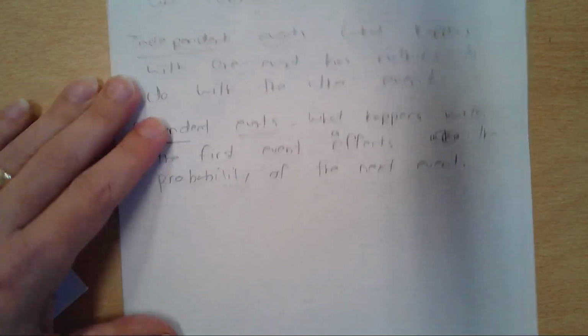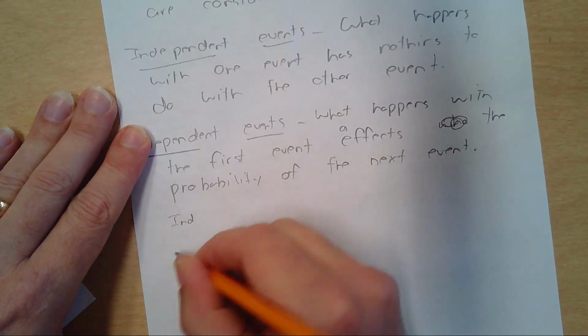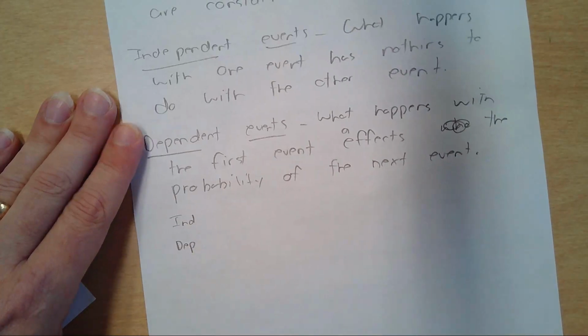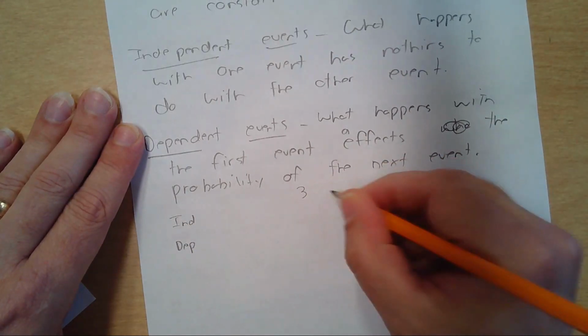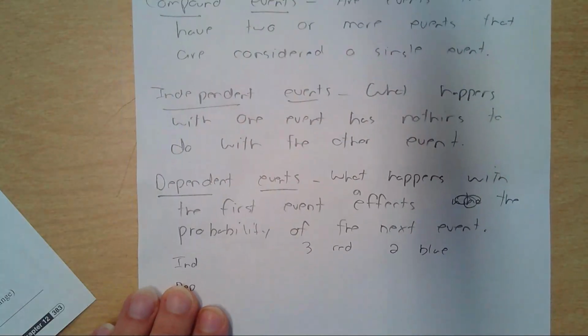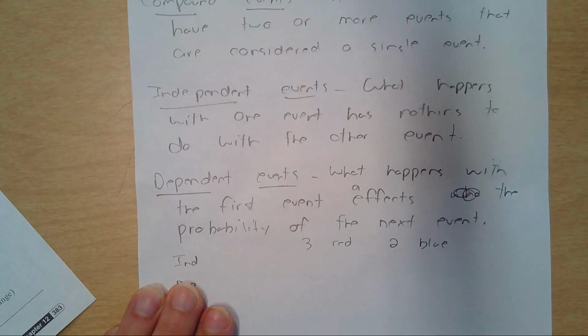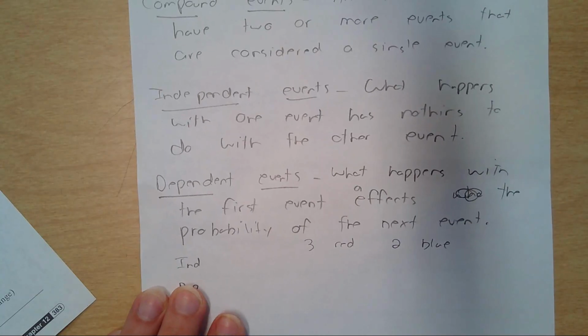So just for example here, we'll just look at this as independent and dependent, and then we'll switch over to notes in just a minute. So I'll say 5 marbles, 3 red, 2 blue. So if this was an independent event, and I say pick a marble, put it back, pick again. What is the probability of getting a red and then another red marble?